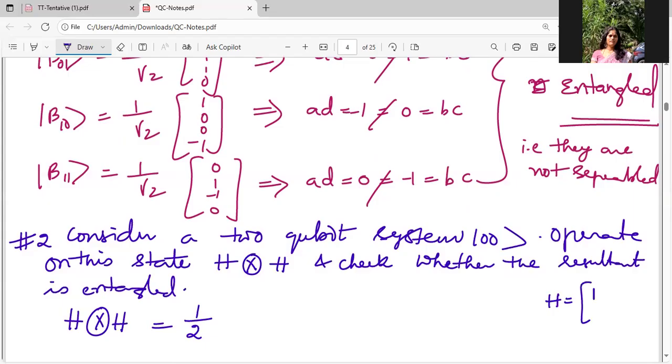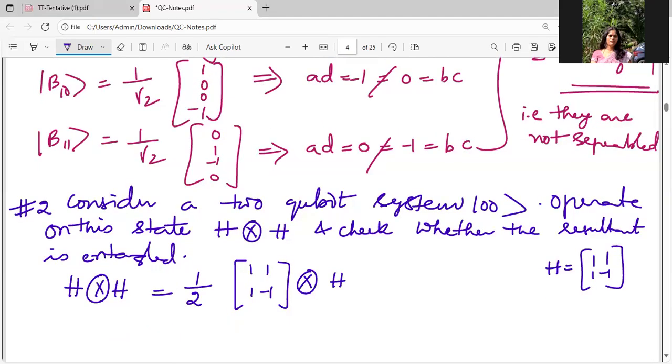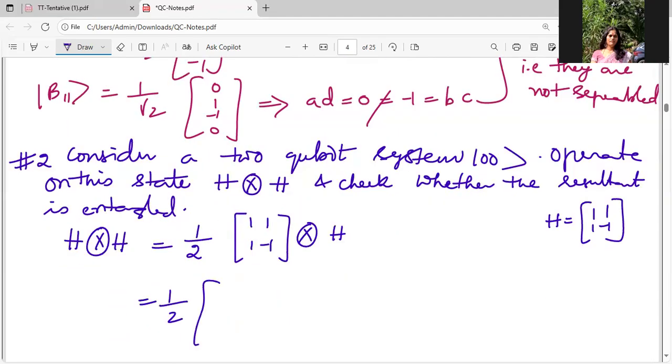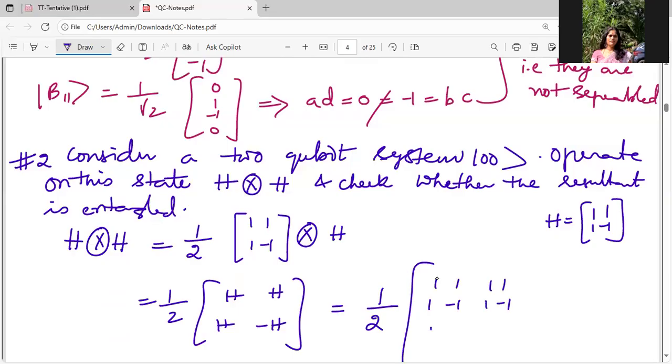Now when I go with tensor product, 1, 1, 1 minus 1, if I say H, then 1 by 2, H, H, H minus H. So how does this look like? 1 by 2, 1, 1, 1 minus 1, 1, 1, 1 minus 1, 1, 1, 1 minus 1, 1, 1, 1 minus 1. The 2 by 2 got transformed to 4 by 4.